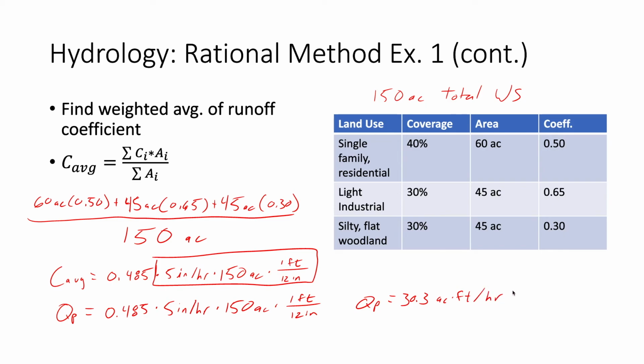per hour. So that's maybe a little bit of a weird unit if you're not used to that. What that means, conceptually, is say if this is 30 acres of an area here, and this is 1 foot tall, then this whole volume would be 30 acre feet.